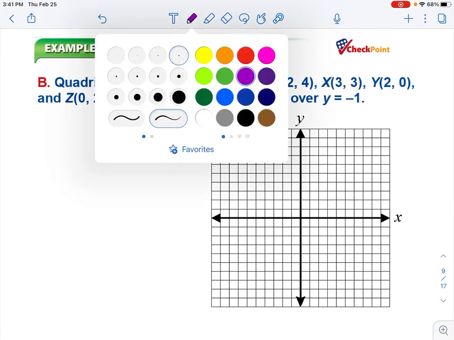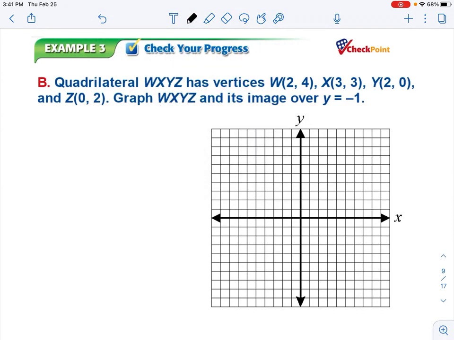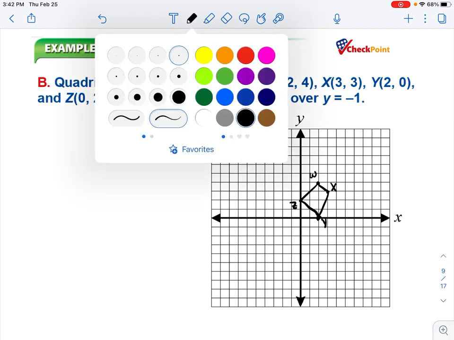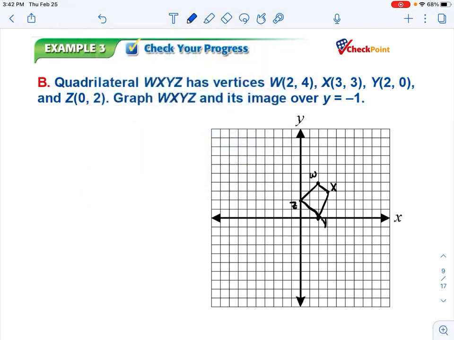And lastly, follow along once again. We are going y equals -1. Horizontal line through -1.